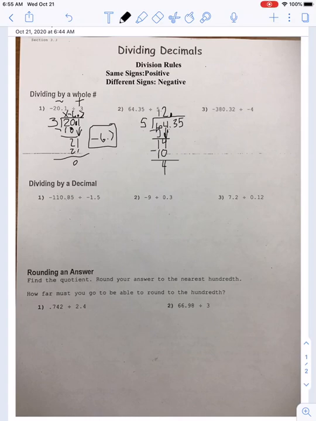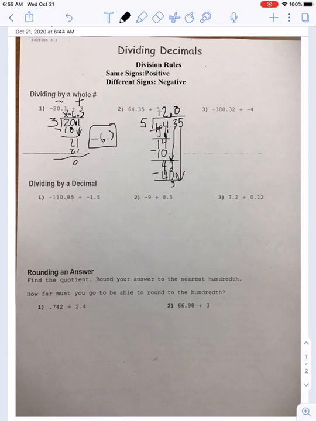Once we subtract those, we bring down the 3. 5 can go into 43 8 times. That will give us 40. When we subtract those, that'll leave us with 3.